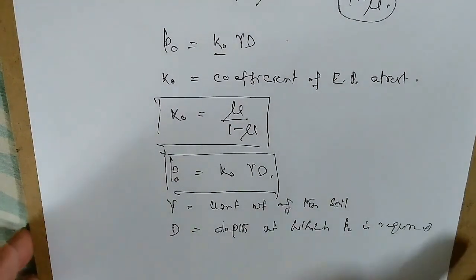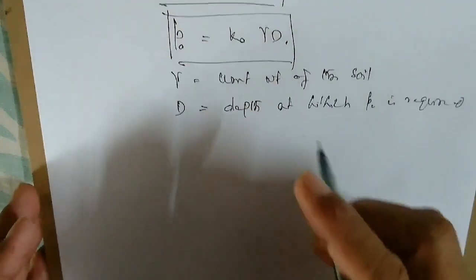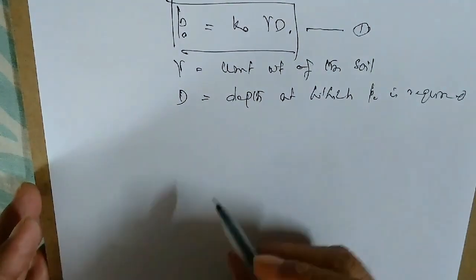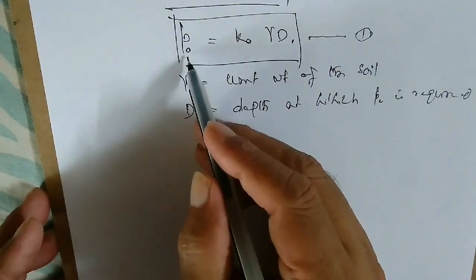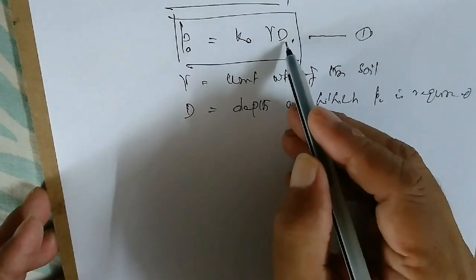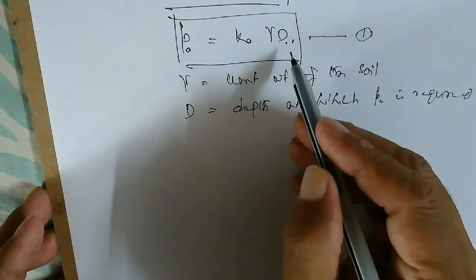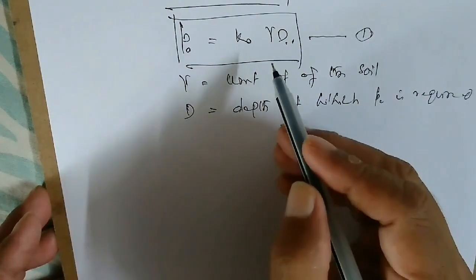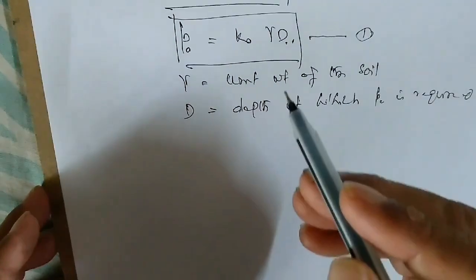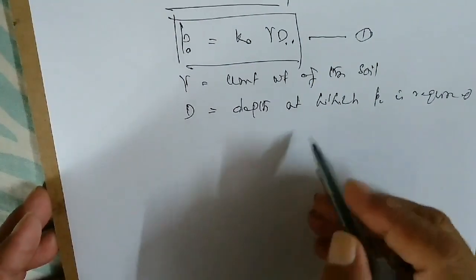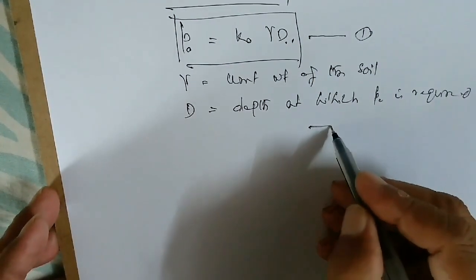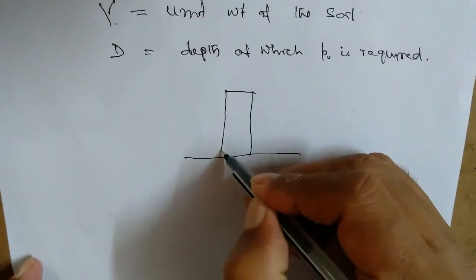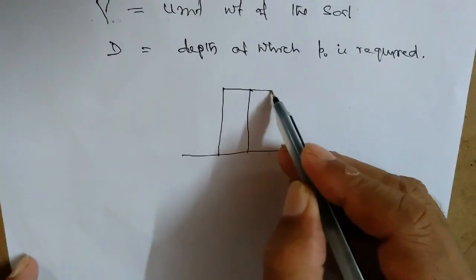Now it is seen from the earth pressure at rest equation 1 that the earth pressure at rest varies with depth D, and it varies linearly. If you intend to draw the earth pressure distribution diagram along the height of the wall, it is going to be a diagram like this. Suppose this is the top of the ground level.